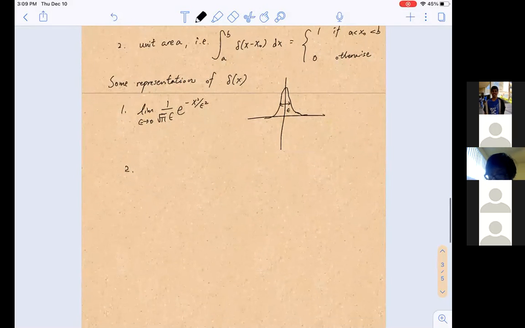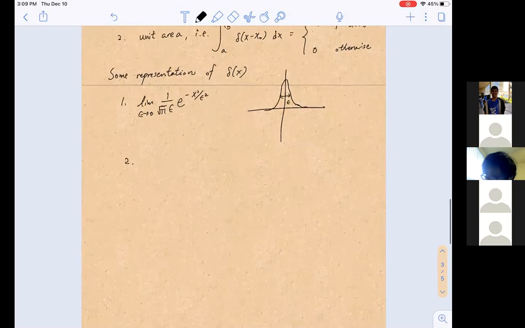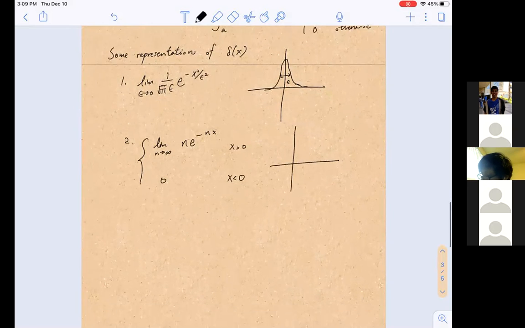Okay, 2. So this is limit n goes to infinity, n times e to the negative nx, for x greater than 0, or 0 for x less than 0. So we're approximating a delta function with this exponential decay.